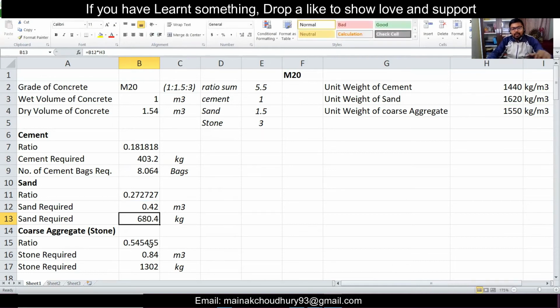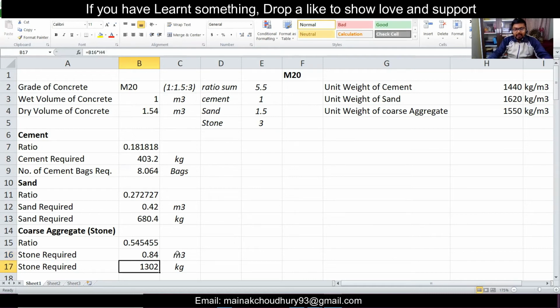The case is similar for the coarse aggregate. The coarse aggregate required is simply 1.54 into 3 by 5.5, which gives the volume of stone required. So 0.84 meter cube of stone is required for M20 grade concrete.